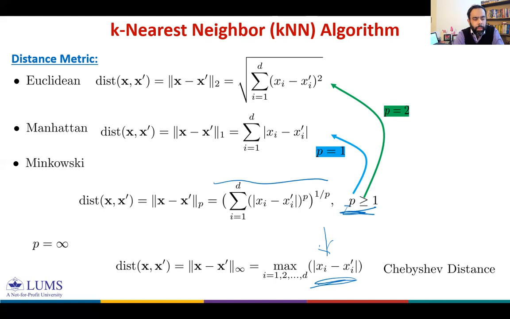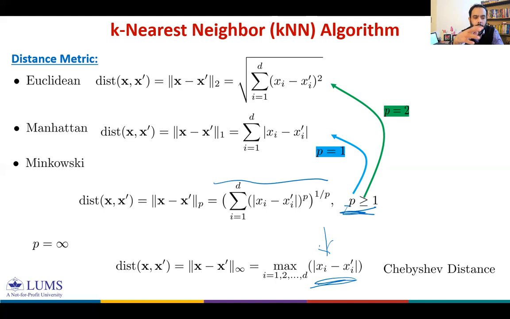Okay. What are the interpretations of these distances? For example, Euclidean distance. In Euclidean distance, larger values are being amplified and smaller values are being suppressed. And this is because of the squaring operation. In Manhattan, the difference along each dimension is given equal weightage.